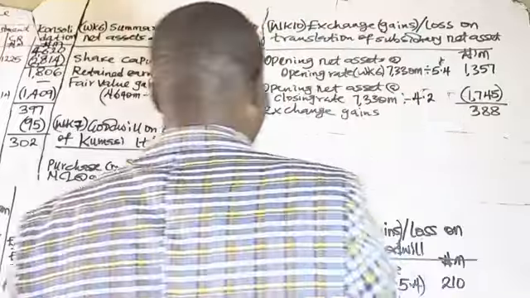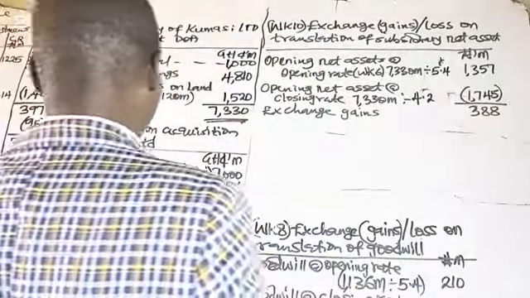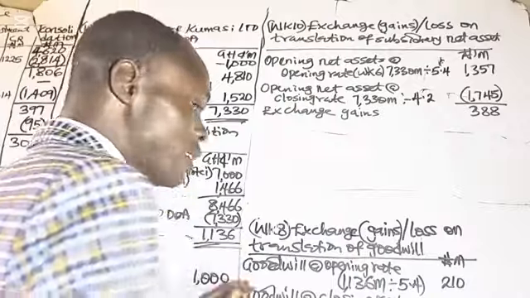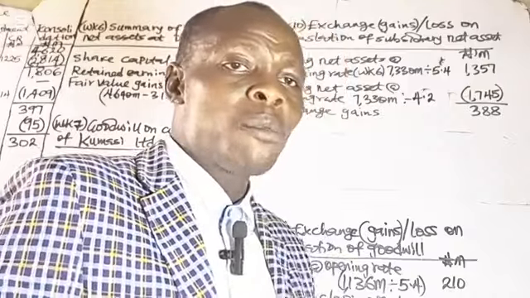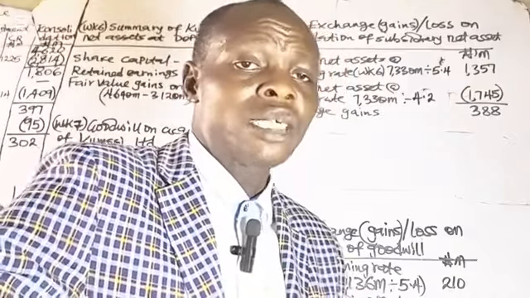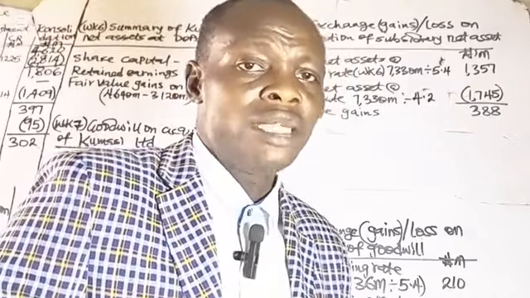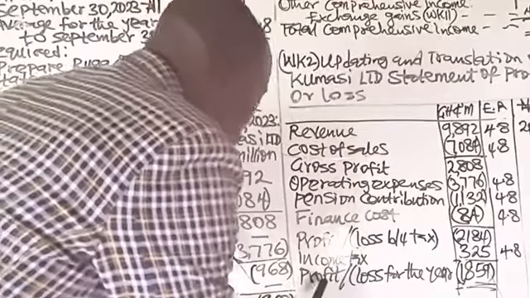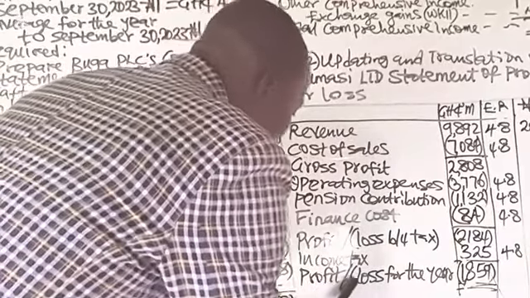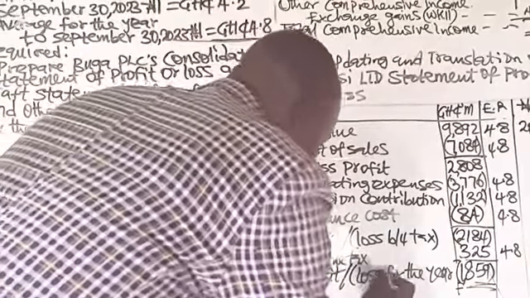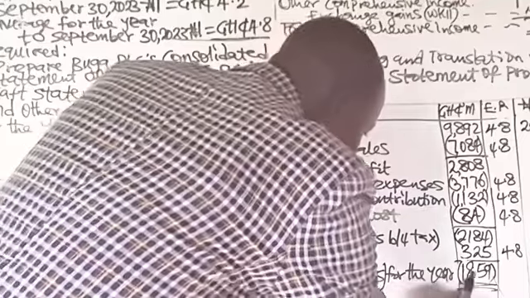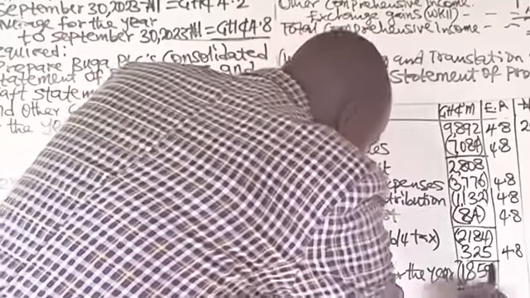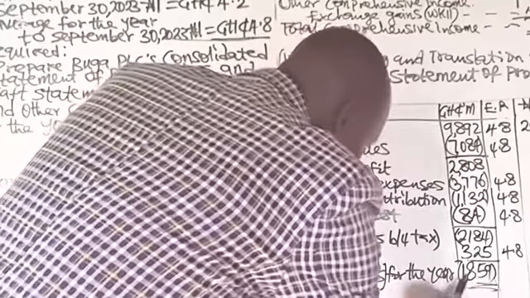Then you also translate the profit for the year, which was obtained from updating and translation of subsidiary statement of profit or loss, we have the profit or loss for the year of 1,859. This is a loss because it is negative amount.